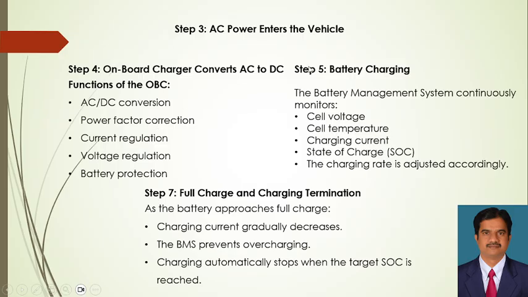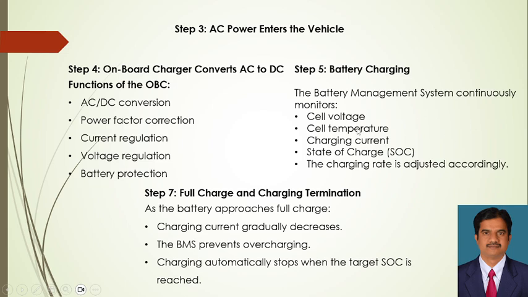In Step 5, once the onboard charger converts AC into DC, the DC is going to charge the battery and be stored in it. The battery management system, which we discussed in the last class, continuously monitors cell voltage, cell temperature, charging current and state of charge, and the charging rate is adjusted accordingly.